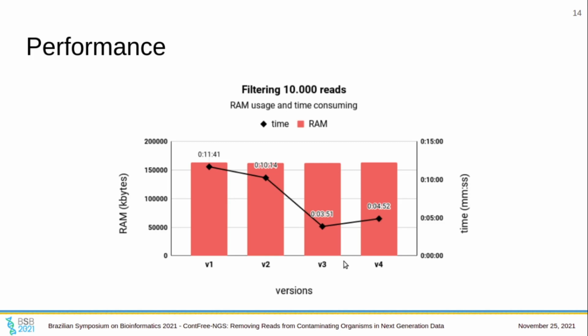That's because in versions 1 and 2, I stored the taxonomic identification and the read identification in a Python dictionary, and this dictionary was very large, which is very time consuming for this removal. With the SQL database, this process is a lot faster.